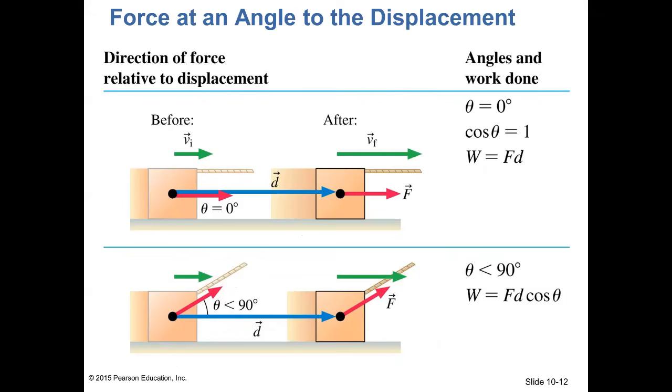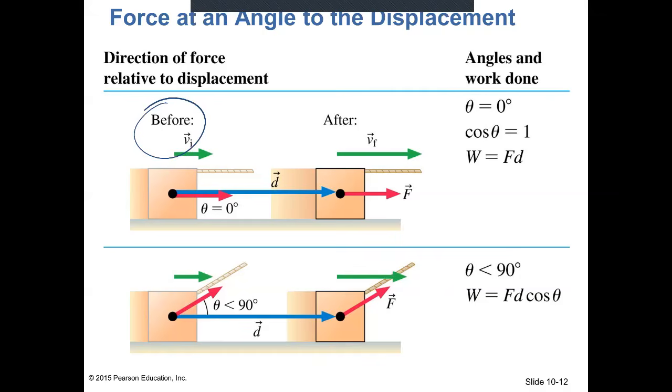So here are a few examples of under which condition the work done is positive, under which condition the work done is 0, and under which condition the work done is negative. So imagine you have a box, initially, so this is before. This is the box that is moving initially to the right.